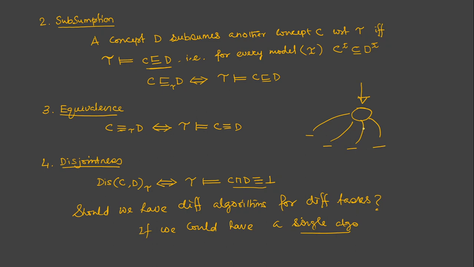So for that, we need to check what kind of relationships these different reasoning tasks have between themselves, right? So if we can see that they can be mapped to a common problem, then we can just write a single algorithm to deal with that problem, and that will in turn deal with the different individual tasks. That is the motivation we have to draw a relationship between these reasoning tasks.